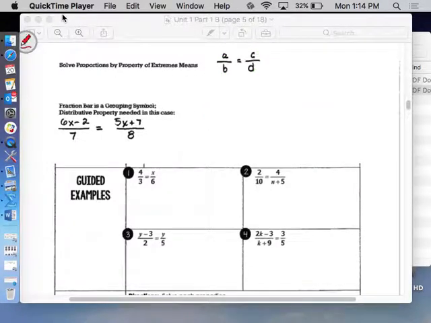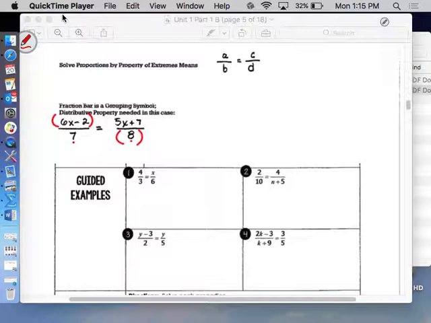I've made up an example, and you can see that the denominator in each fraction is simply an integer, but the numerator is a little expression with a variable and a constant, which is the term in the numerator that does not have a variable with it. If I employ the extremes and means, this numerator times this denominator represents the left-hand side of my equation.